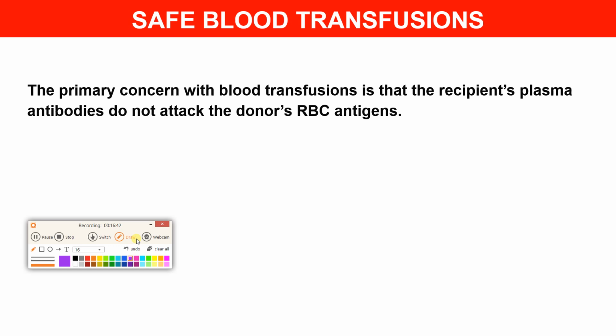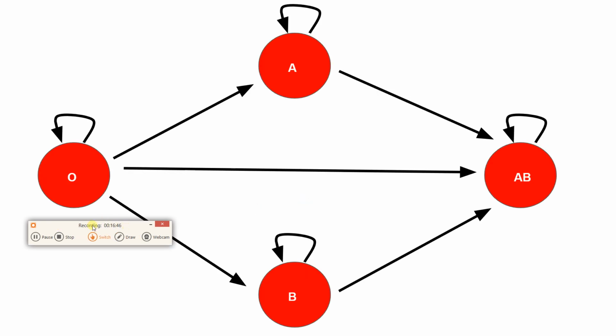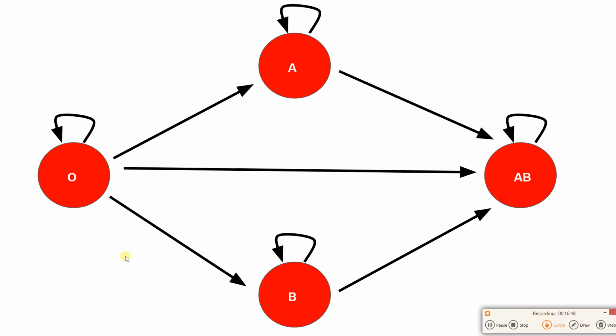All right, good stuff. So considering blood donations, this is a handy picture. What it's telling me is that everybody can donate to themselves. O can give to O, A can give to A, B can give to B, AB can give to AB. You can always donate to yourself.